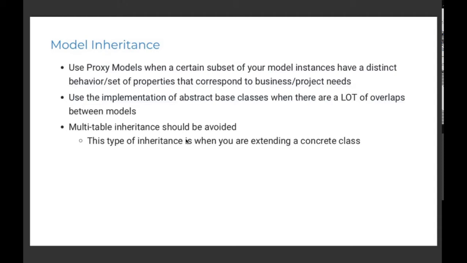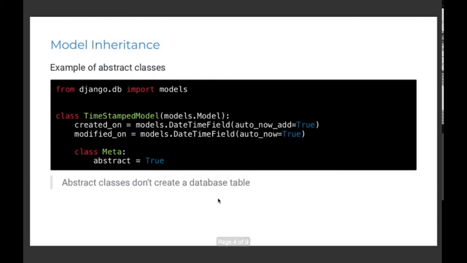A very common example that you would find online is a model called a timestamp model, wherein you would have something like this. You have your created on field and a modified on field. So these are fields that you would normally see in your database because you want to be able to see when a certain model was updated or when a certain model was created.